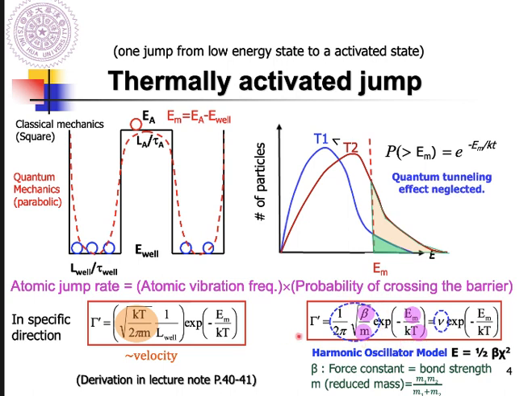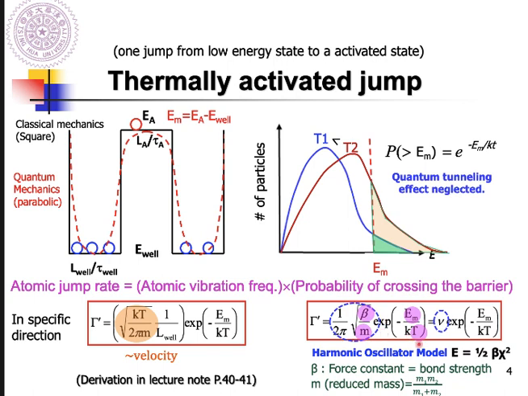So here we know, when you talk about the atomic jump rate in the real world, it will be affected by the bond strength, and the bond strength is related to whether it is a covalent bond, metal bond, or ionic bond, right? So it will be related to materials, and the mass will be related to what type of atoms you choose.